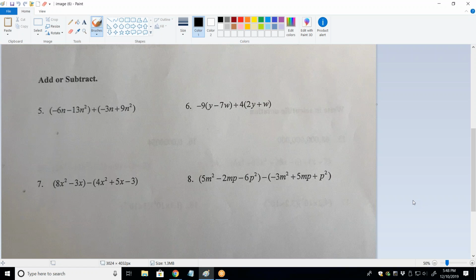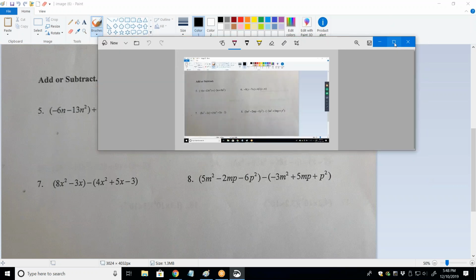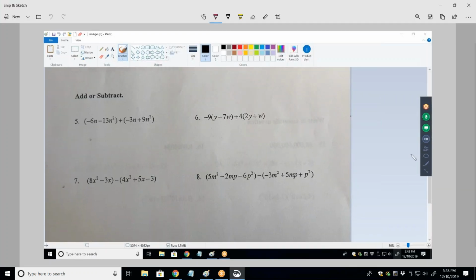You just add or subtract like terms. So with number 5, what are you going to get? You'd combine negative 6n with negative 3n. Good. What do you get?